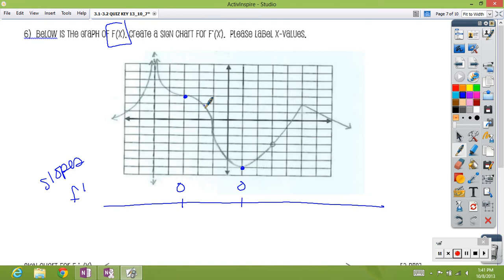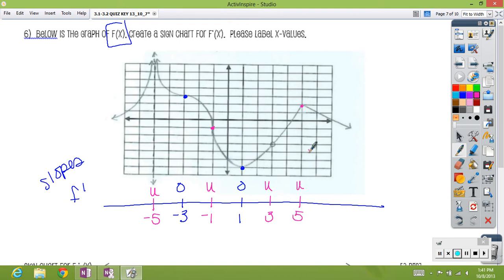Then I'm going to put in the values, that's negative 3, that's positive 1. Then I'm going to ask myself, where are my slopes undefined? Well, slopes are undefined at discontinuities, at vertical tangents, at discontinuities, and at corners.